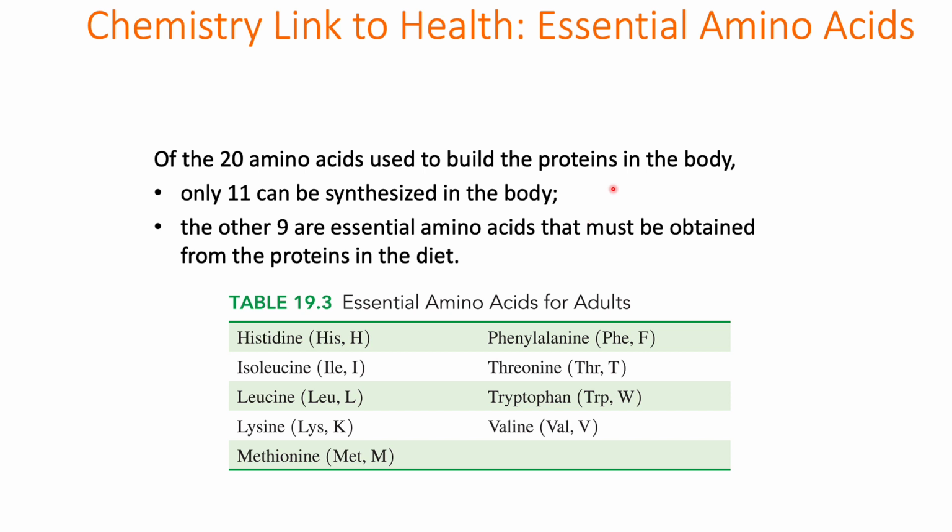Further, they could also be classified based on their source. For example, only 11 can be synthesized in our body, and the remaining 9 must be obtained from proteins in the diet. These are called essential amino acids, and the ones that are synthesized in the body are called non-essential amino acids because we don't need to acquire them from external sources.